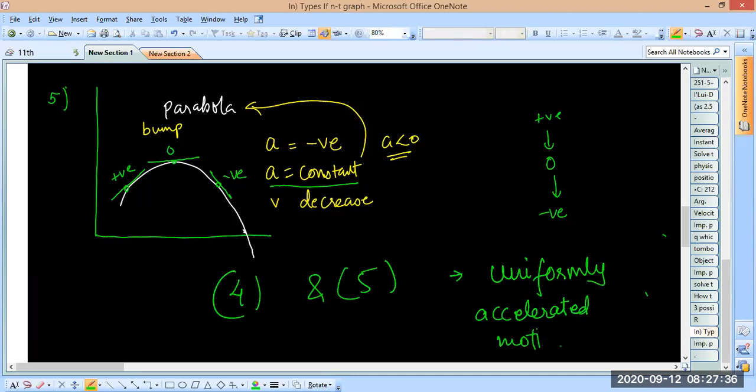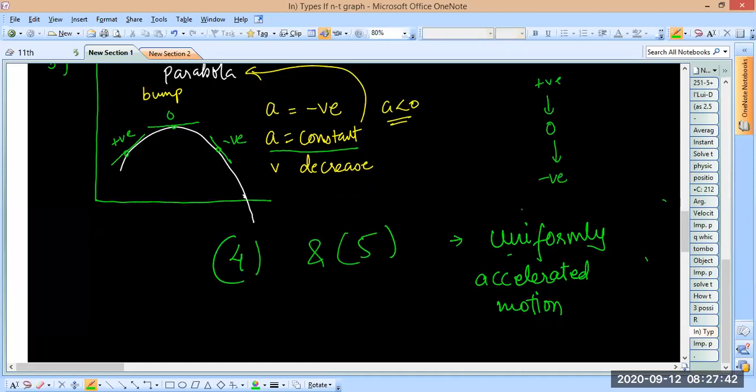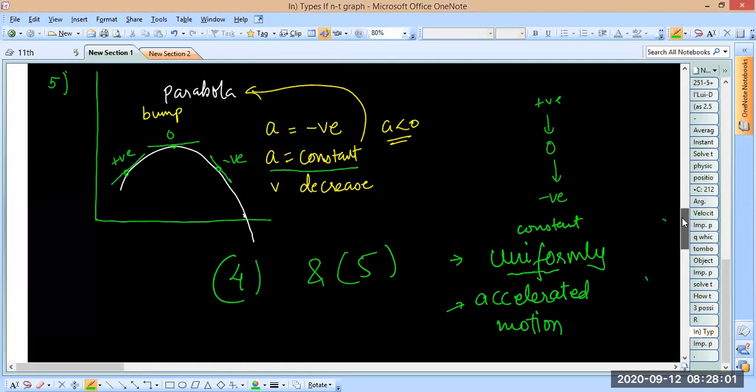I think you understand why it is called like this. The name is clear. Uniformly means constant. So what is constant? Acceleration is constant. That's why these are called uniformly accelerated motion.